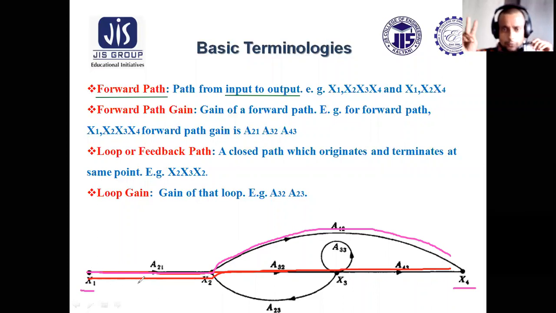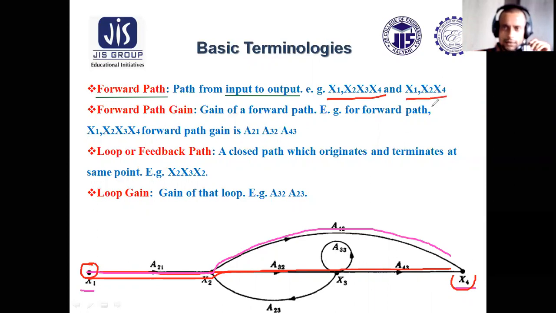Both paths are connecting input node with the output node. So the possible paths which can connect input node to output node are known as forward paths, such as x1, x2, x3, x4, shown by red. This is one forward path. Another forward path is x1, x2, x4.